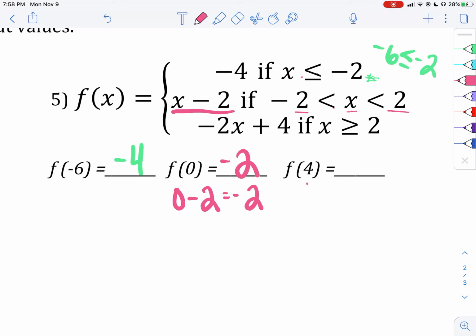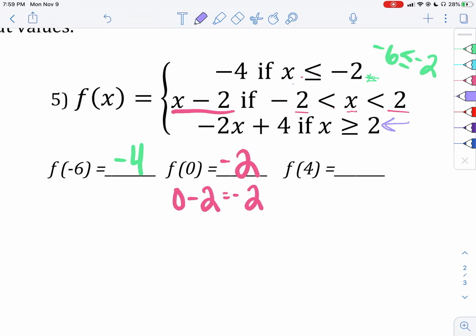Okay, I want you to pause and try and get this last one by yourself. Okay, so f of 4. Let's find which part of our piecewise function we're going to use. Is 4 less than -2? No. Is 4 between -2 and 2? No. Is 4 greater than 2? Yes.